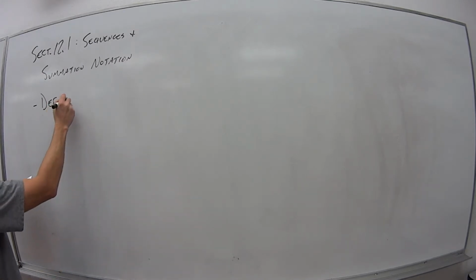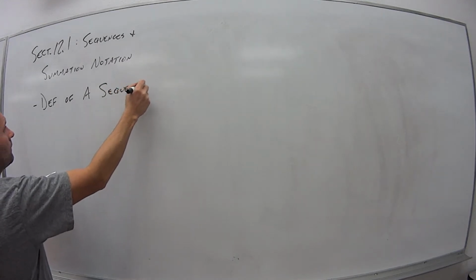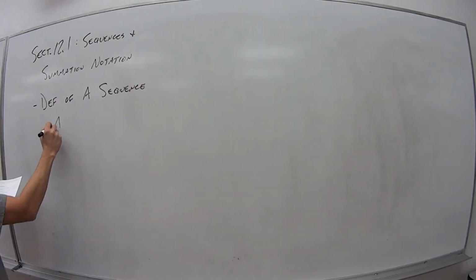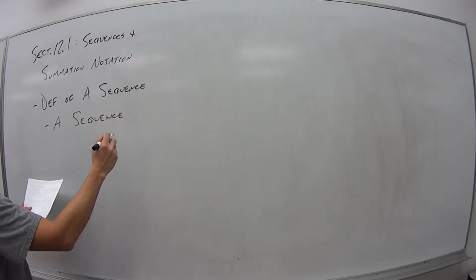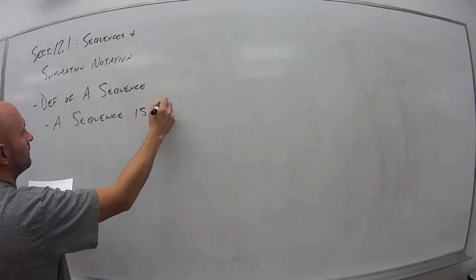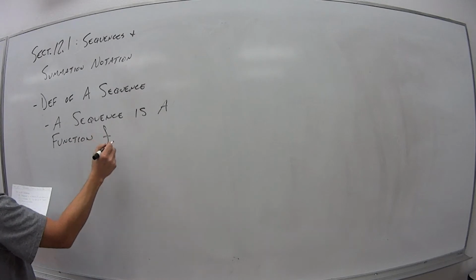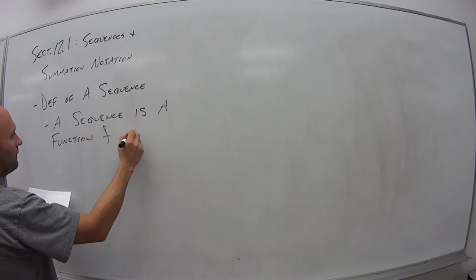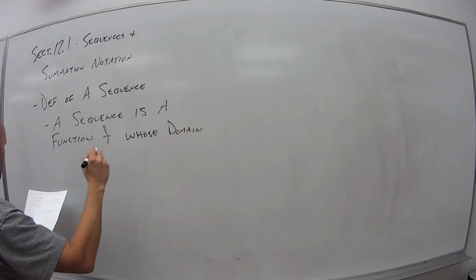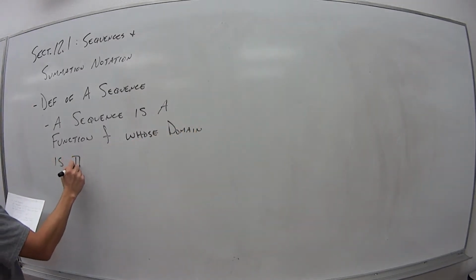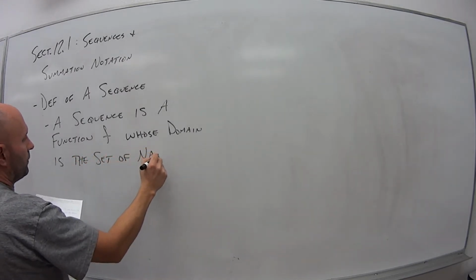So the definition of a sequence is as follows. A sequence is a function f whose domain is the set of natural numbers.